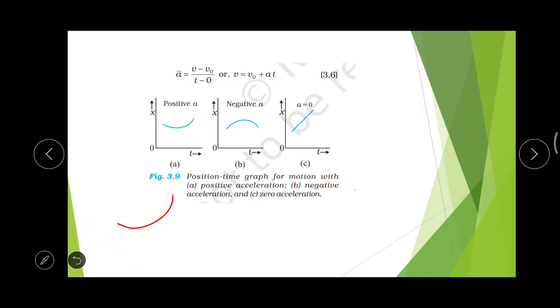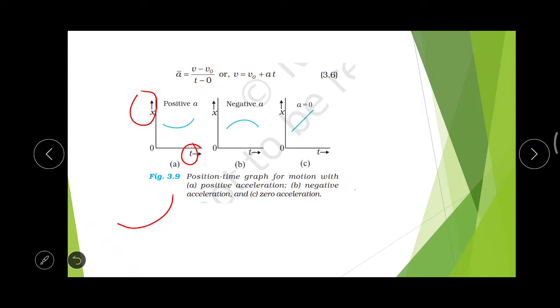Here x should be on the y axis and t should be on the x axis. If such a graph is given, you should remember that it has a positive acceleration.